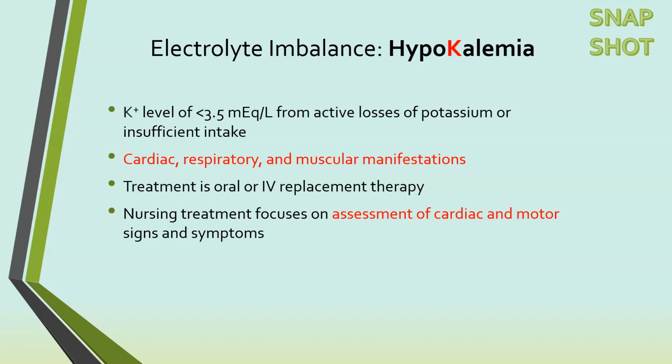So it's not just the heart, but think of other major muscles that are important for bodily functions, like respiratory muscles. So not only is looking at a person's EKG important, but also looking at their respiratory rate. Treatment is oral or IV replacement therapy. Nursing treatments focus on the assessment of cardiac and motor signs and symptoms.